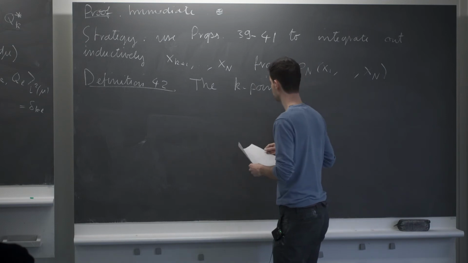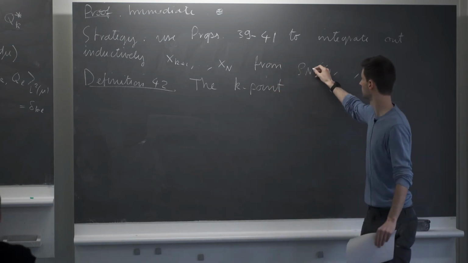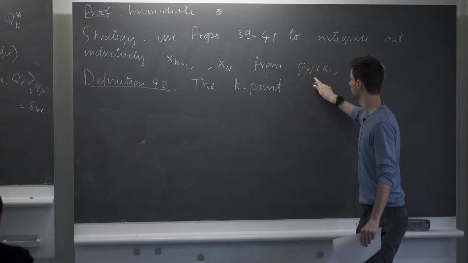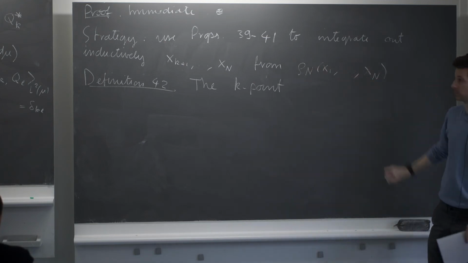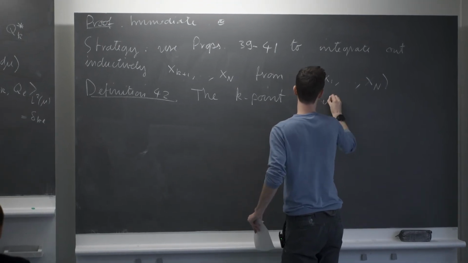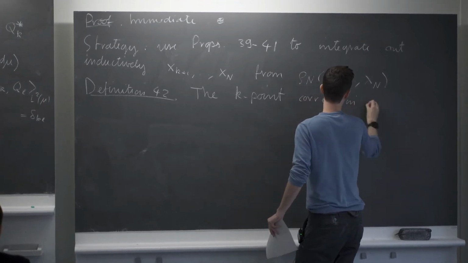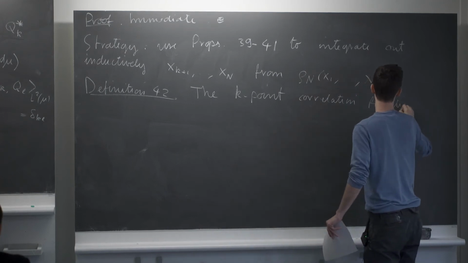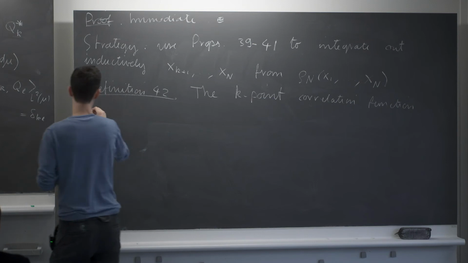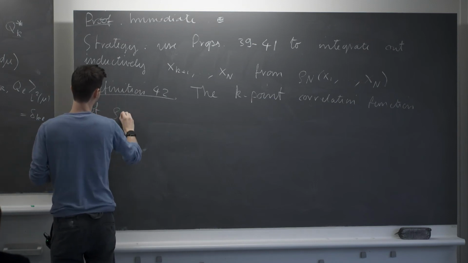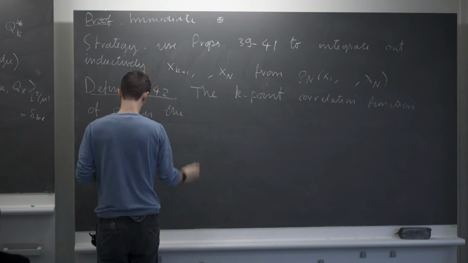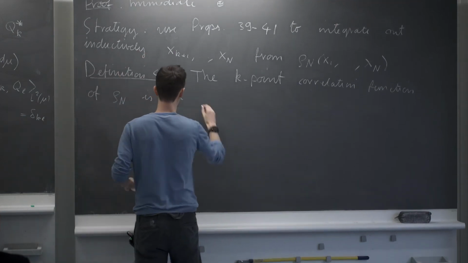So for pragmatic purposes, I can just define the k-point correlation function up to a combinatorial factor as being precisely what you get if you integrate out all but k of these variables. So the k-point correlation function of rho n is the density.